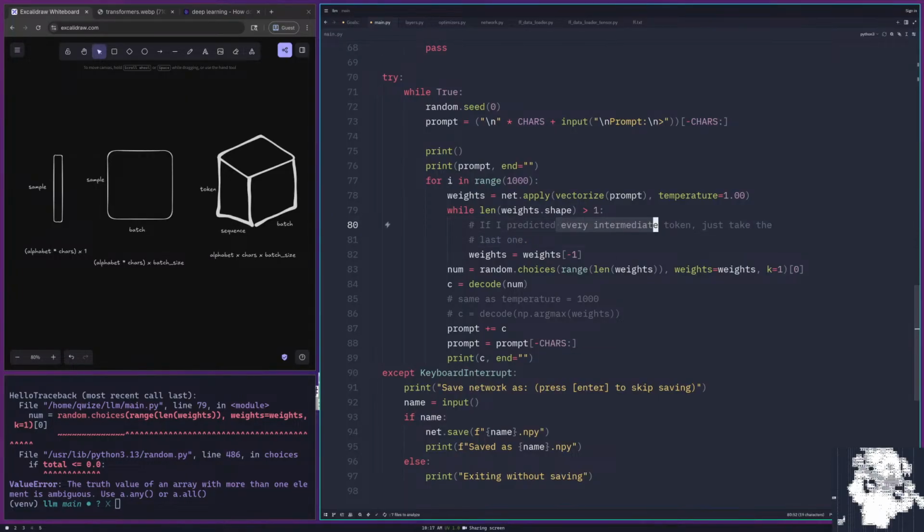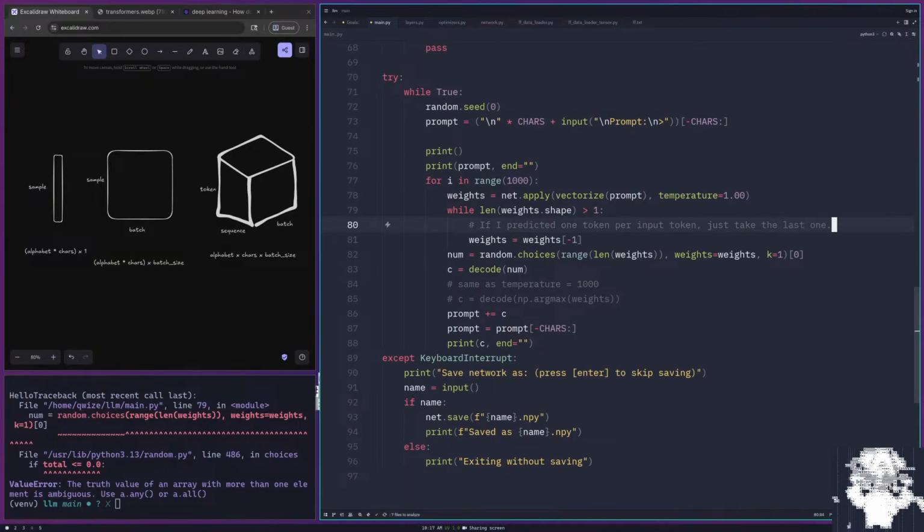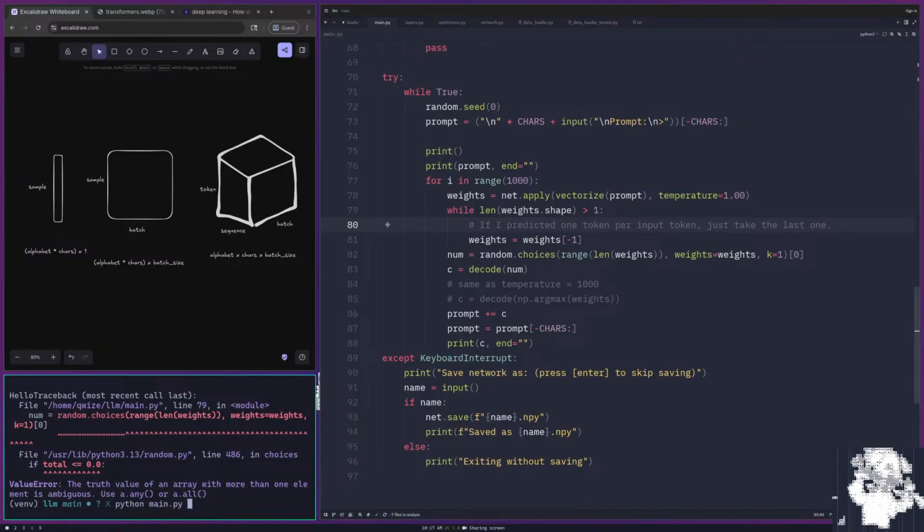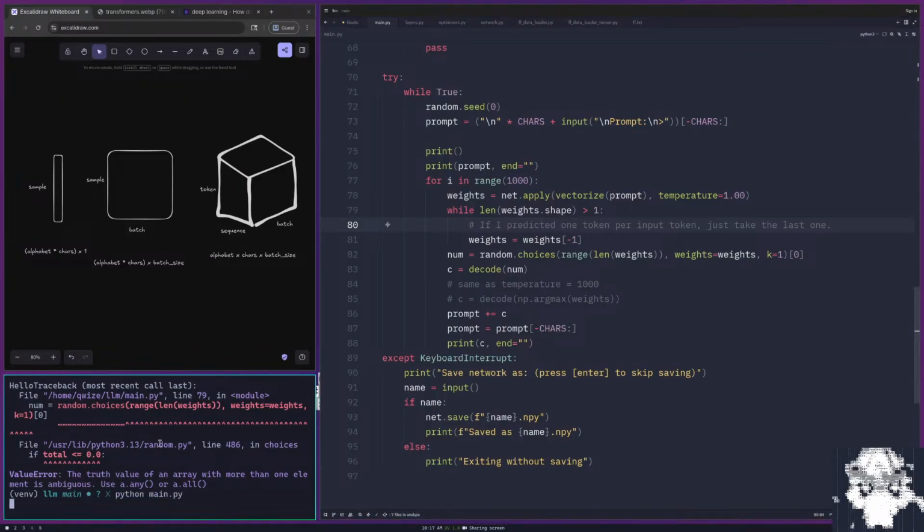If I predicted one token per input token, just take the last one. Is that possible, that that's what I mean?